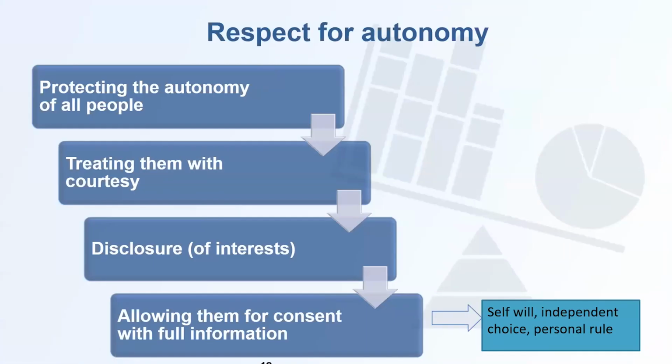And through the whole process, the autonomy of the people was protected, and they were treated with courtesy, not only the patients but also the care providers, who were all part of this research. There was complete disclosure of the interest of the research, and they were informed properly so that they could give consent voluntarily, understanding the whole aspect.